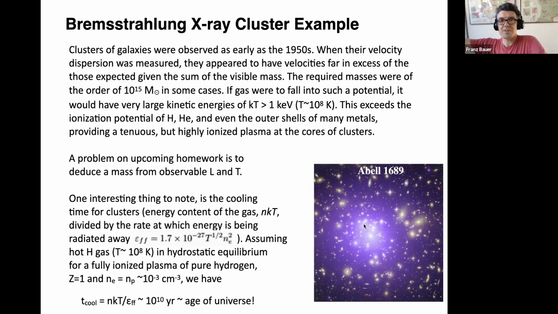We do see protoclusters out to redshift 2 or so, which is maybe 8 gigayears away, but that's less than this, right? And so most of the clusters are still kind of relaxing and cooling their kinetic energy away.